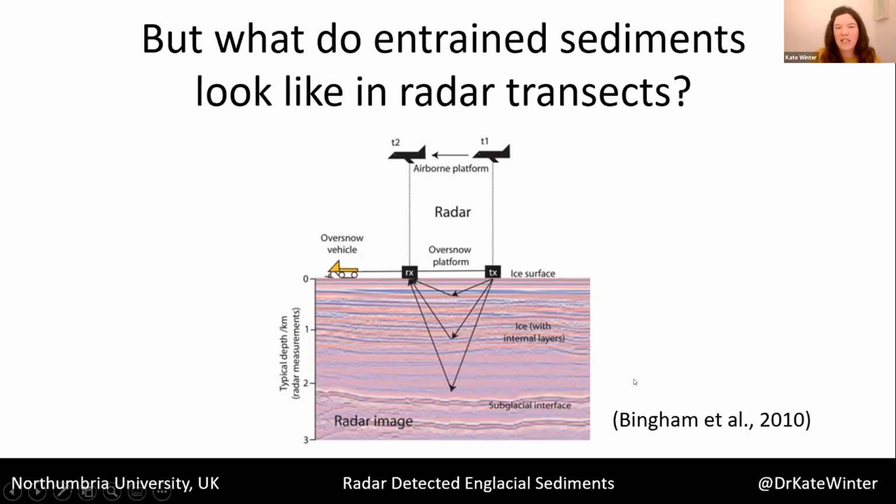The ice has a completely different signature to the bed, so the bed's really clear. These signals ping back up to the receiving unit, that's up here, and we can pull the whole system along on a snowmobile, by hand if we want lots of detail and want to go really slowly, or we can put it all up on an airborne platform. So it just allows us to see what's underneath the subsurface in these 2D slices.